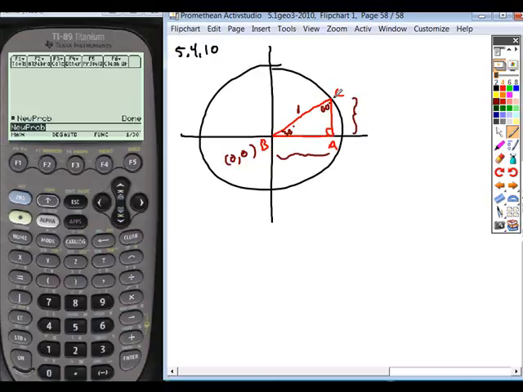In order to solve these, all we need to do is use the special properties of a 30, 60, 90 triangle. So here's our 30, 60, 90 triangle, with a hypotenuse of 1. If we look at the basic form, in a 30, 60, 90, the shorter side, the one opposite the 30-degree angle, is x, the hypotenuse is 2x, and the longer leg, or the side opposite 60 degrees, is x root 3.